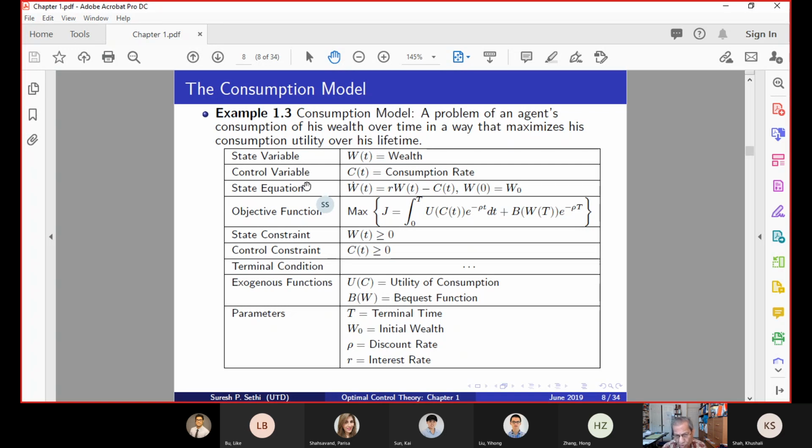Even though most of the book and most of the problems are generally going to be one state variable and maybe one or two control variables, the theory will be more general. Okay.